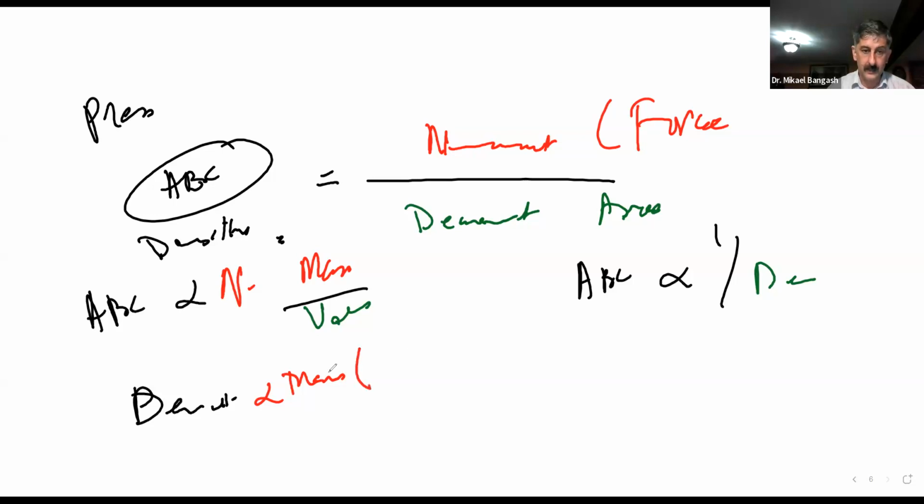Now, mass, ladies and gentlemen, is what many people may refer to as weight, which is wrong, because scientifically, in terms of physics, weight is the pull of gravity.